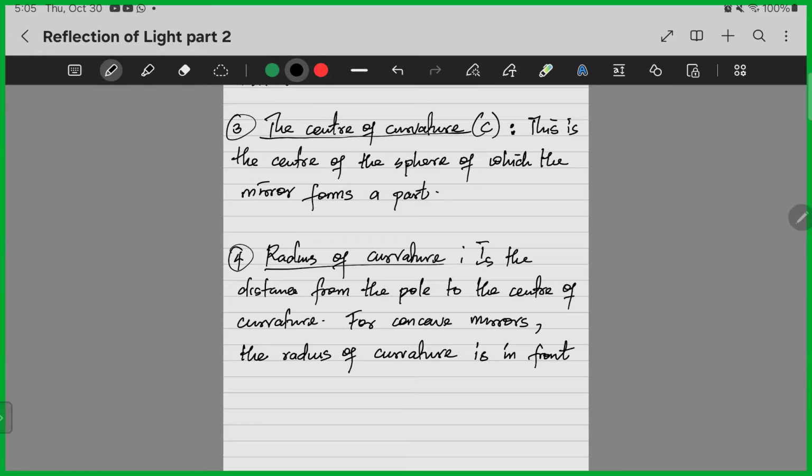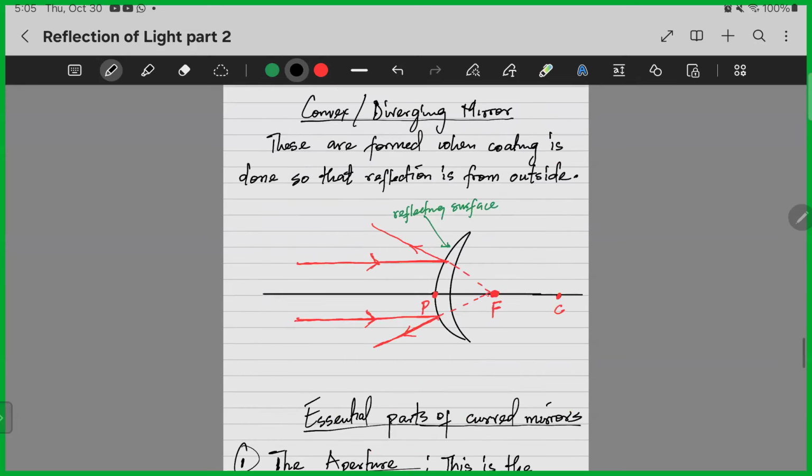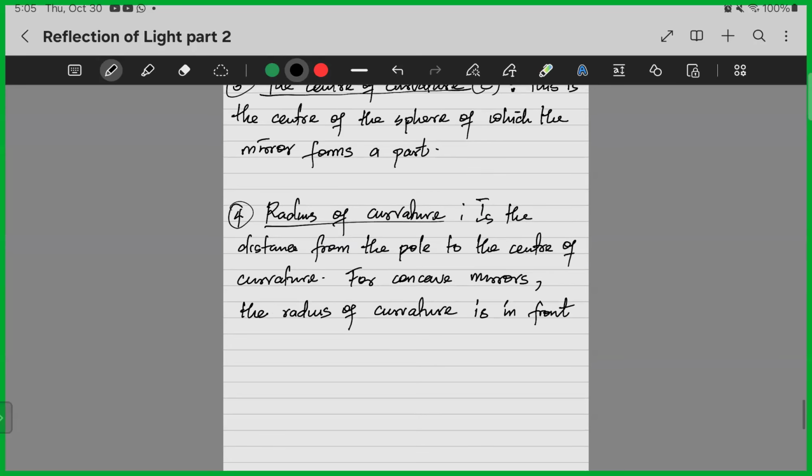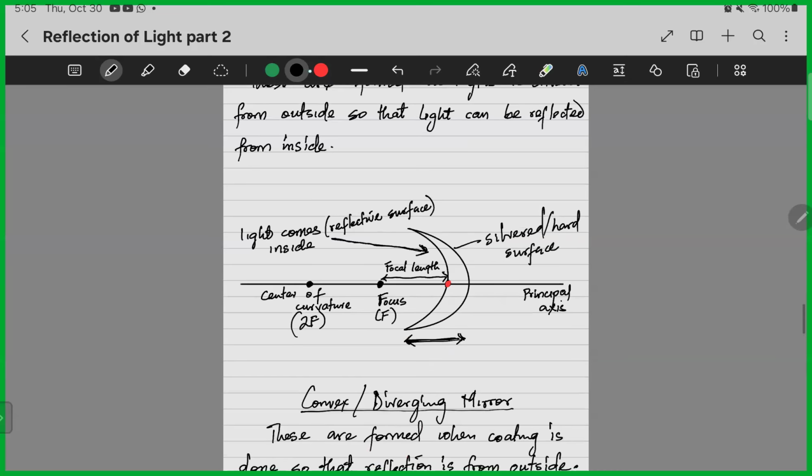If we go back to our diagram, the radius of curvature, like we said, is the distance from the pole to the center of curvature. We're talking about this distance from here to here. This is the pole here. From the center of curvature to the pole, that's the radius of curvature.